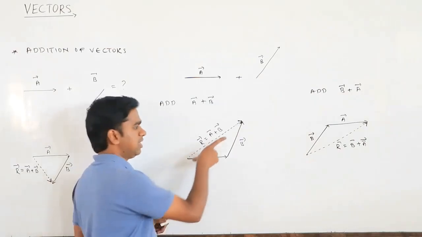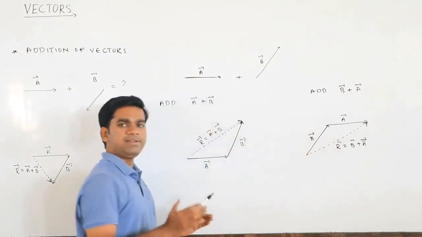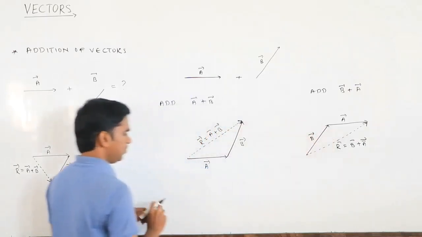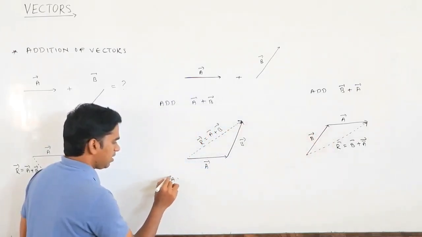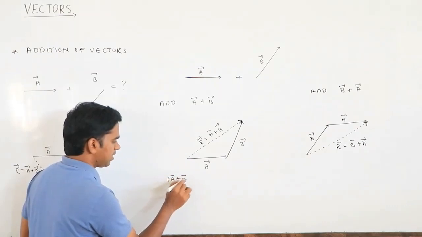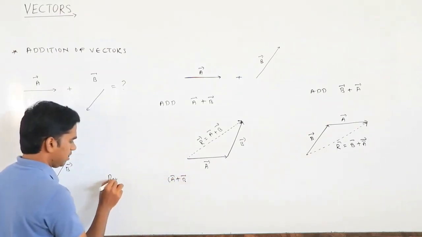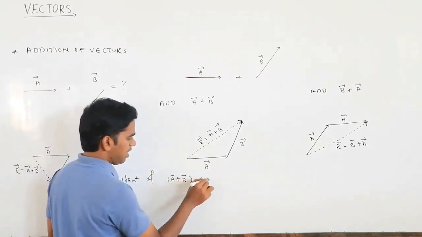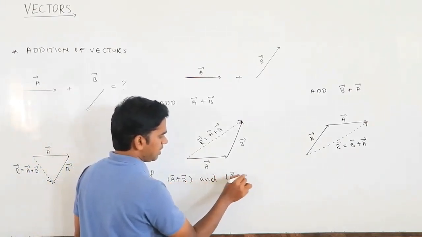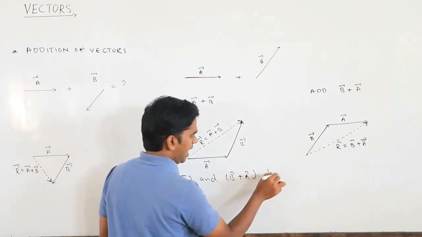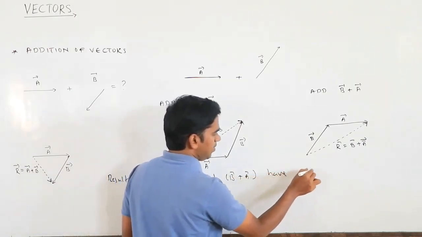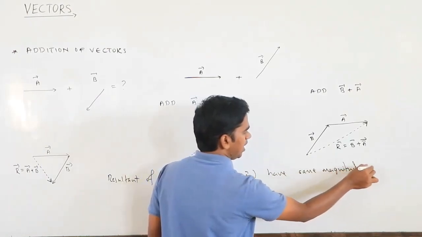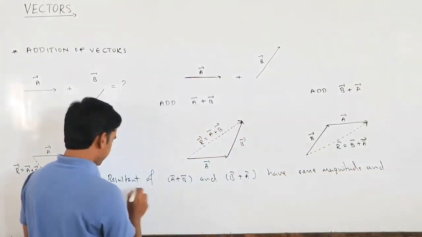If you measure it with the help of a scale, both the magnitudes are going to be the same, and the direction is also the same. So the resultants A plus B and B plus A have the same magnitude and the same direction.